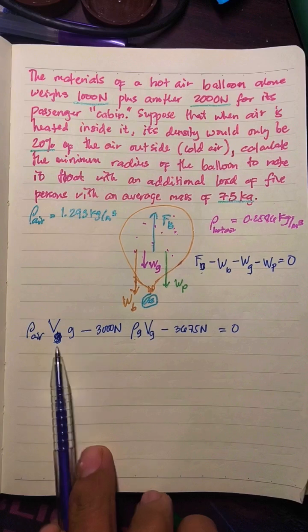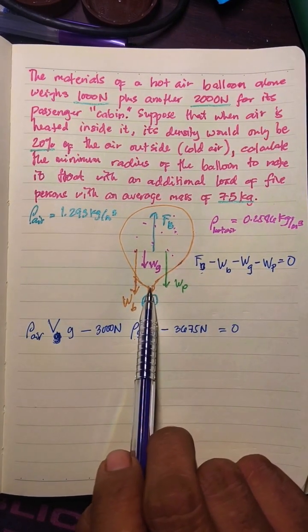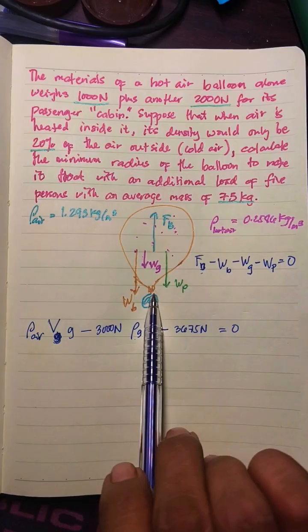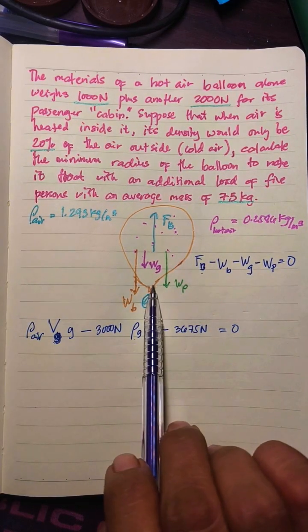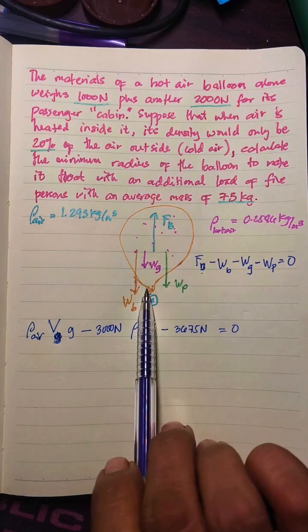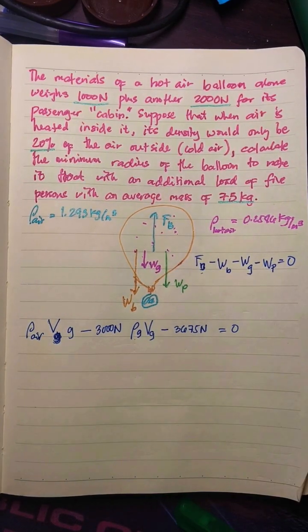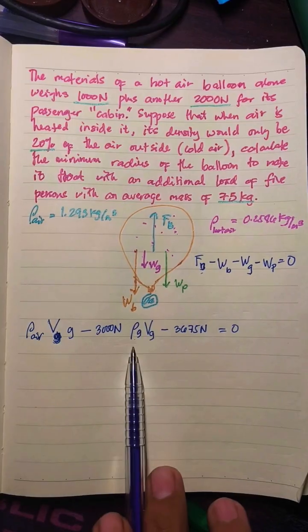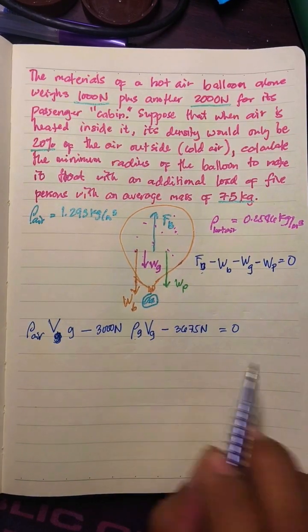From here, let's assume that this is a perfect sphere, although a hot air balloon is not actually a perfect sphere, but of course it will be difficult to solve that geometry. So let's assume it is a perfect sphere, such that the radius is uniform all throughout. So we can now factor this out.